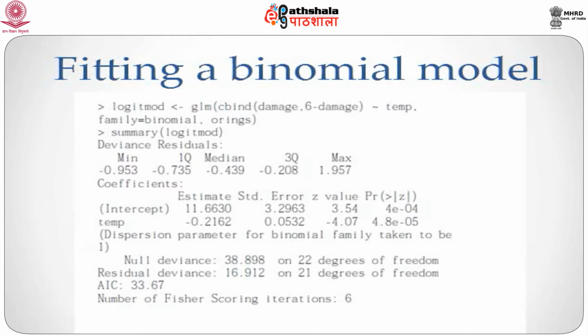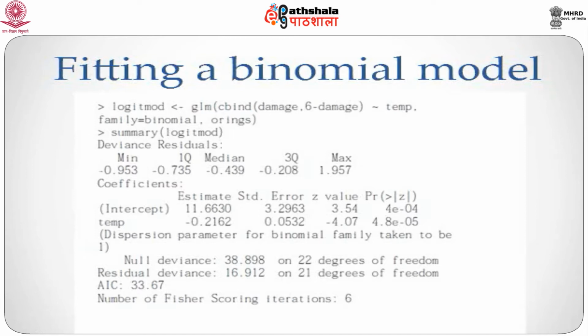And there are 4 columns corresponding to the estimates, the betas, the standard errors, which have been derived using maximum likelihood theory, the corresponding z values, and the p values. Following this, there is another line of code which says dispersion parameter for the binomial family is taken to be 1. We shall briefly look at the meaning of this and how to generalize this later.